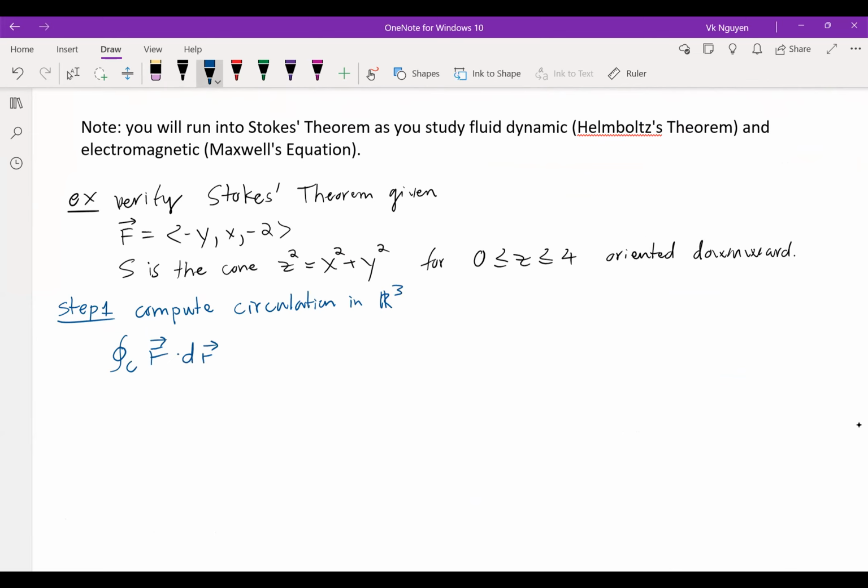It shouldn't be too difficult to compute this. You just have to sketch out the curve C and parameterize the curve C.